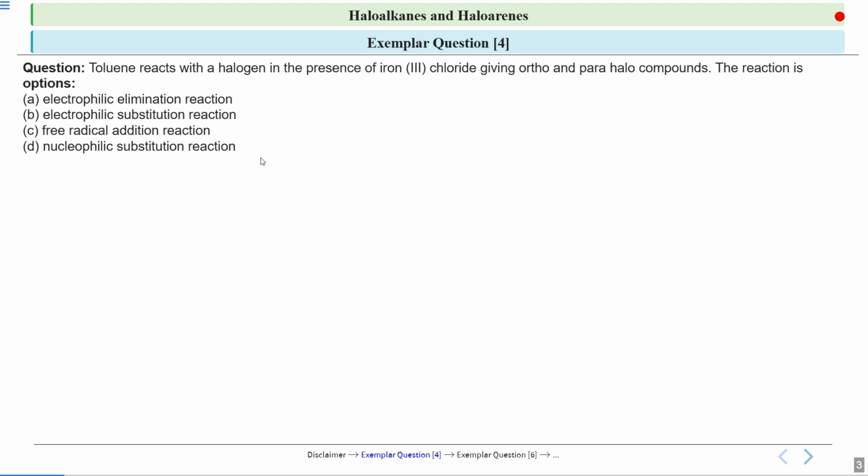Then this reaction is of which kind? This you have to tell. The options are electrophilic elimination reaction, electrophilic substitution reaction, free radical addition reaction, or nucleophilic substitution reaction.